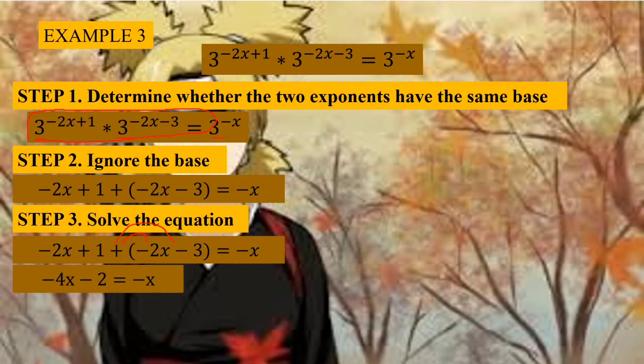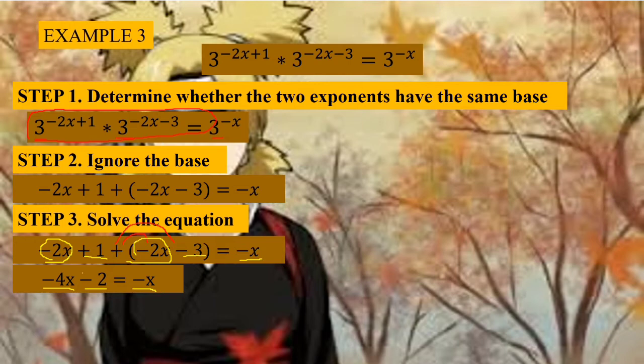So, negative 2 minus 2, that is negative 4. And 1 minus 3, that is negative 2. Then, copy lang natin yung negative x. Okay? So, negative 4x minus 2 is equal to negative x.